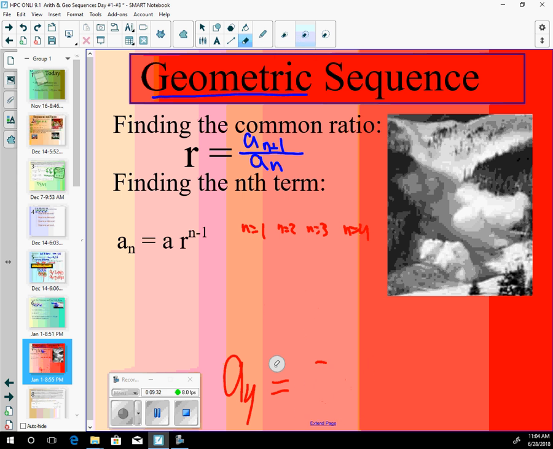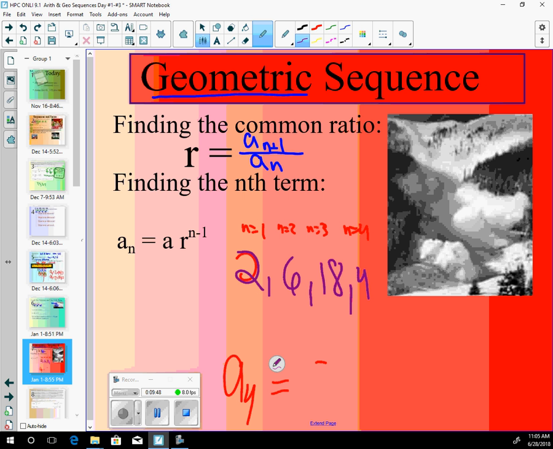Let's try this again. Let's go 2, and then we'll go 6, and then we'll go 18, and then 54, or let's see, 48. So again, we're multiplying by 3.